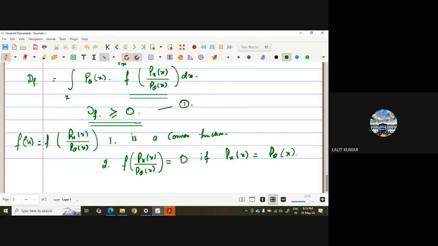We can understand this intuitively also: if my p_theta(x), the neural network, is estimating p_X(x) accurately, perfectly, then this function will give me a value of 0. Third, from the examination point of view, you have to read that it has to be at least semi-left continuous. You can Google and find out what the meaning of semi-left continuous is.